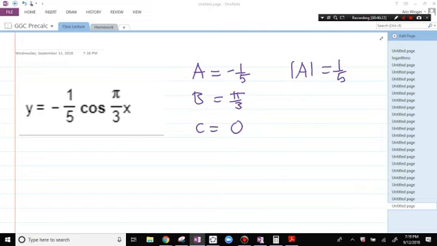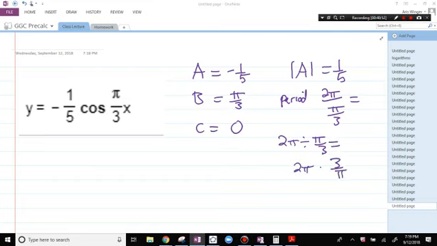So then we're talking about the period being, let's just do it. The period is 2 pi over pi/3. What happens to the pi's? They cancel out, right? So what is this going to be? 2/3? No, it'll be 6. 2 pi divided by pi/3 is equal to 2 pi times 3 over pi, which is 6.